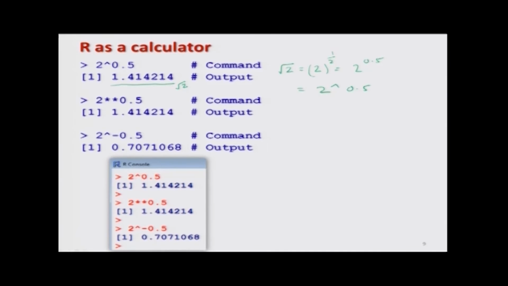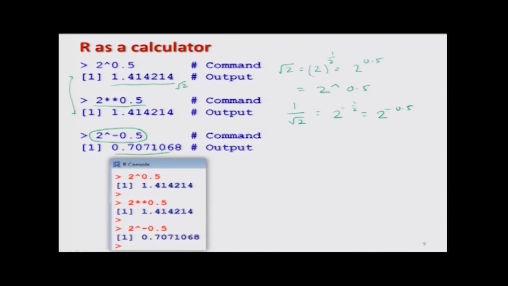And the same thing I can also write as 2 star star 0.5, and this is again giving me the same value as square root of 2, or 1.414. And if I want to find, suppose, 1 upon square root of 2, this can be written as 2 raised to the power of minus 1 by 2, which is 2 raised to the power of minus 0.5. So I am writing 2 hat minus 0.5, and then I am getting the value of this thing.